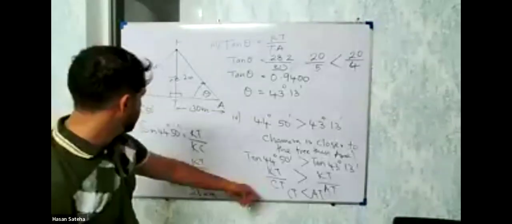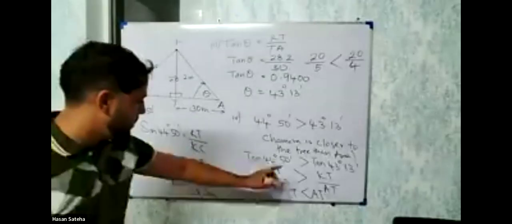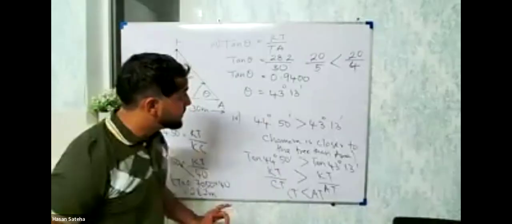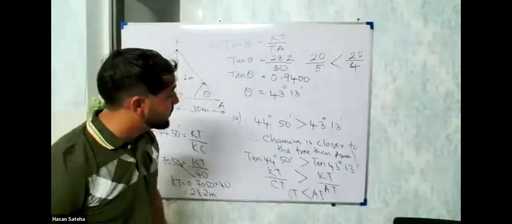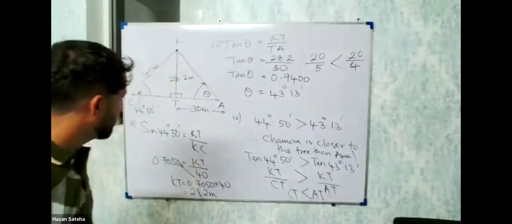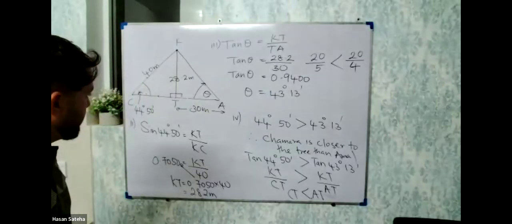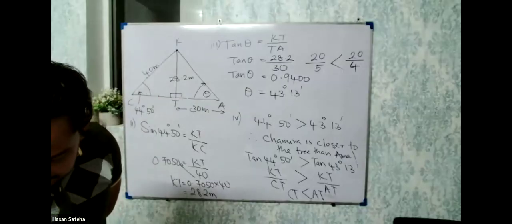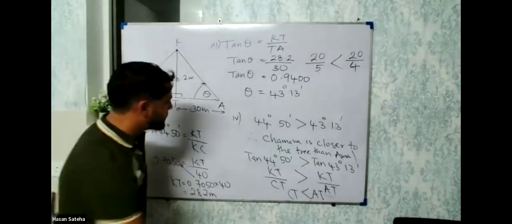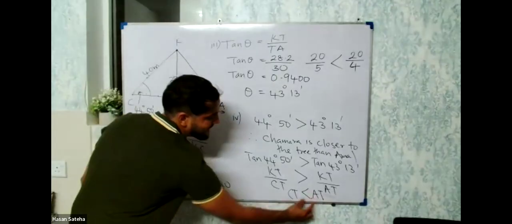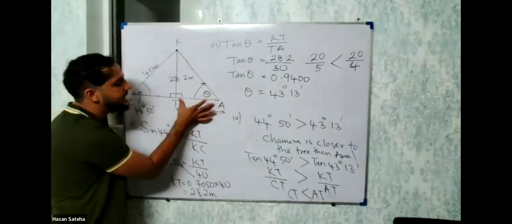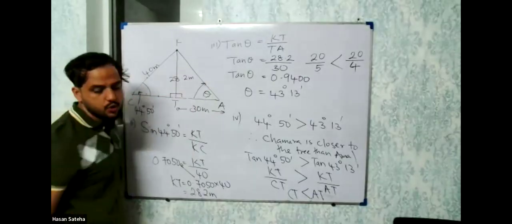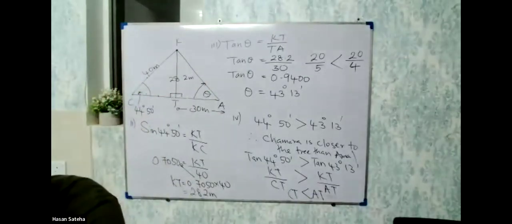So who is closer? CT is shorter. AT is greater than CT. So this length here is greater than this length. In other words, Chamara is closer to the tree. Is that clear, everyone?